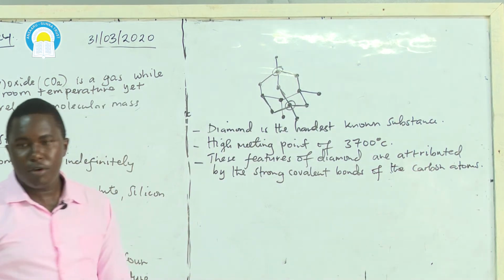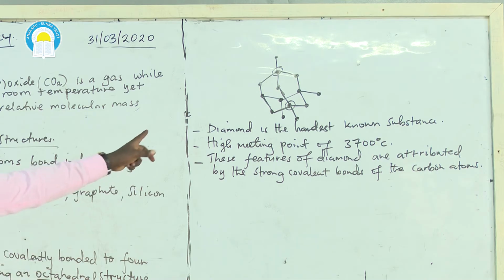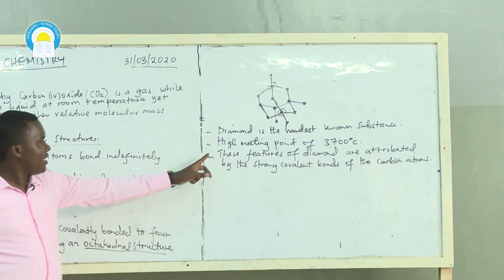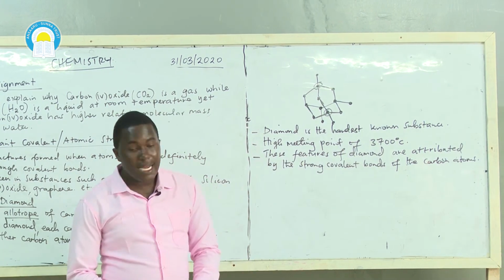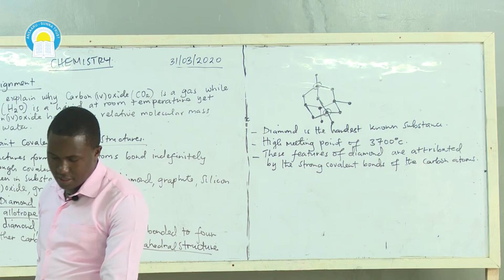So that strong covalent bond is why you will find that diamond has the high melting point, and also it is one of the hardest known substances.